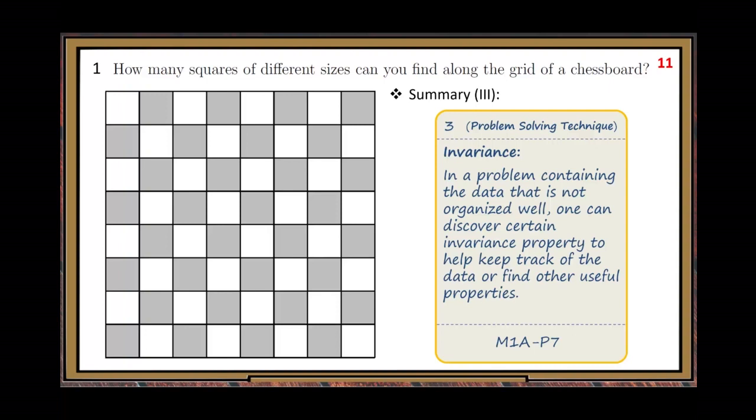In the next topic, 8.2, I will show you an interesting puzzle problem in which we need to discover the invariance quantity. So let me finish topic 8.1 right here.